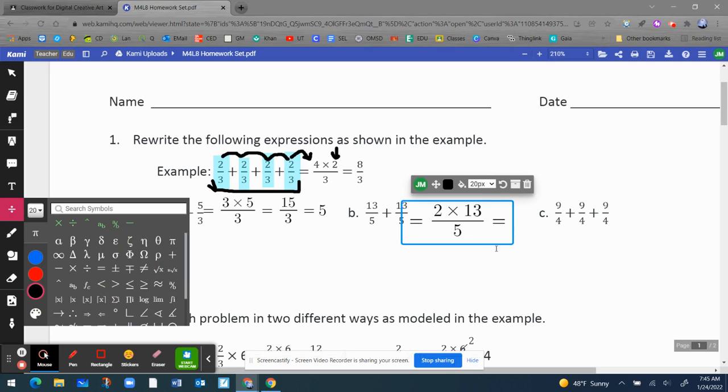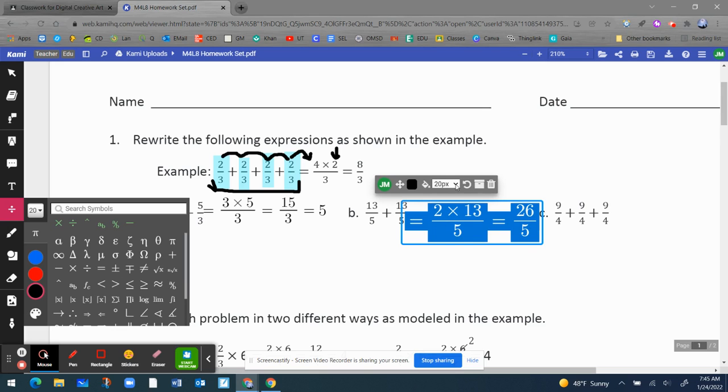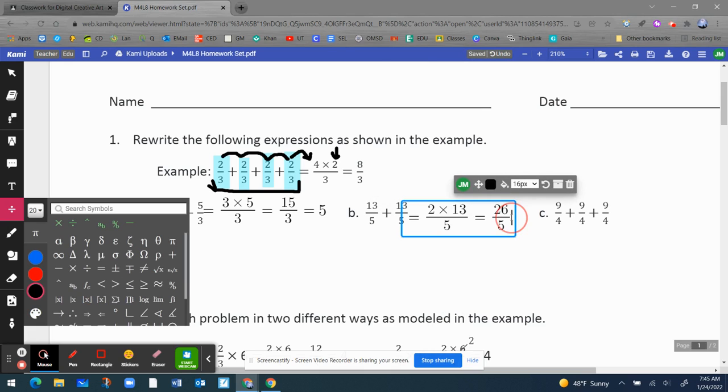And that gives you the ability to multiply 2 times 13, that will be 26, and that will be divided by 5, okay? And again, in this problem, you will be able to know that 26 divided by 5, that will be equal to 5, because 5 times 5 equals 25.